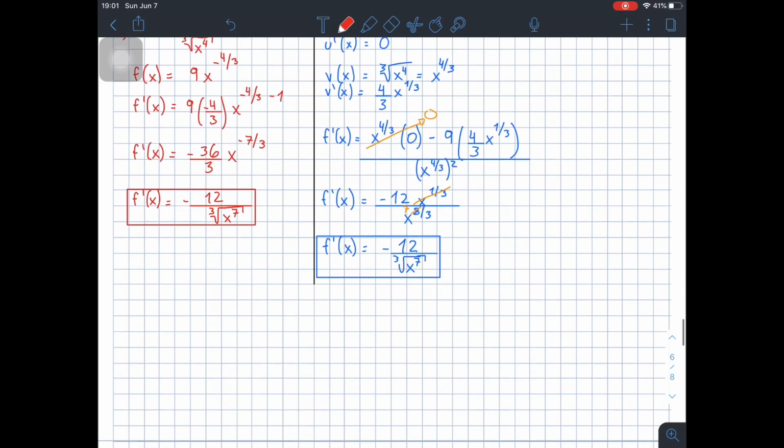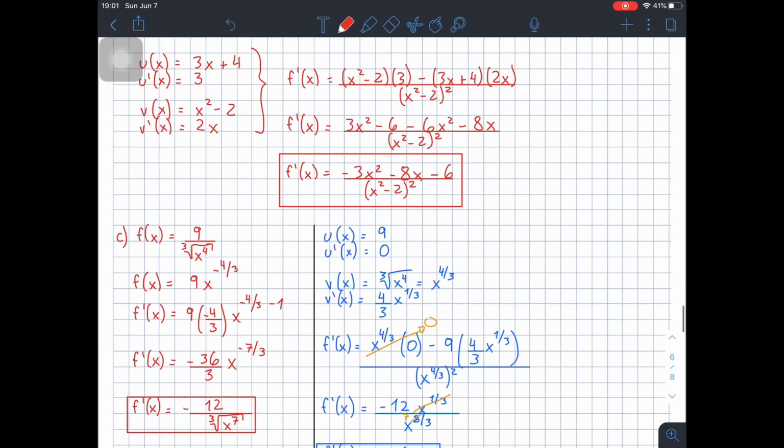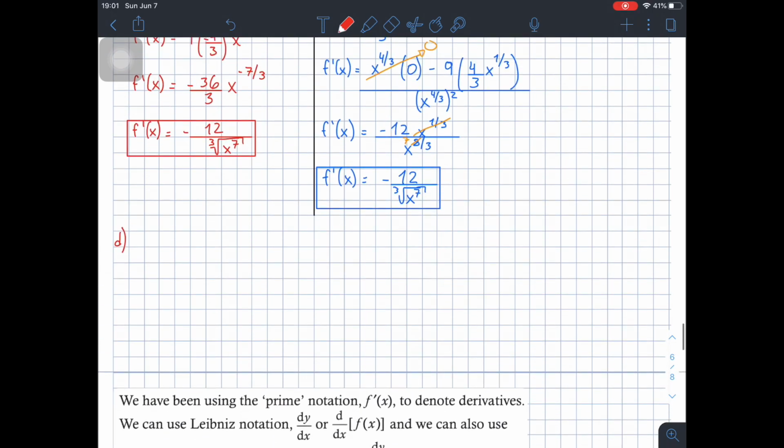Finally, we're going to see exercise D, which is this one. It says, let me write that here, f of x equals 3x squared plus 2x plus 1 divided by x squared. Okay, in this particular case, it is much easier if I avoid using the quotient rule and rather separate this division, separating the terms in this division, right?